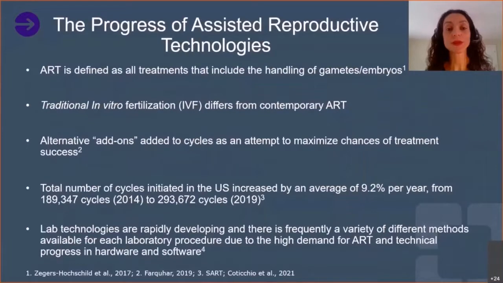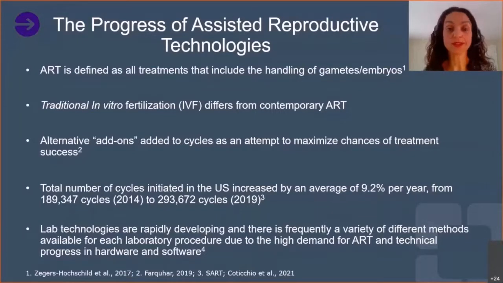Let's begin by talking about the progress of assisted reproductive technologies, ART. ART is defined as all treatments that include the handling of gametes and embryos. If you think about traditionally when IVF was at its inception, the treatments were quite different than what they look like today.